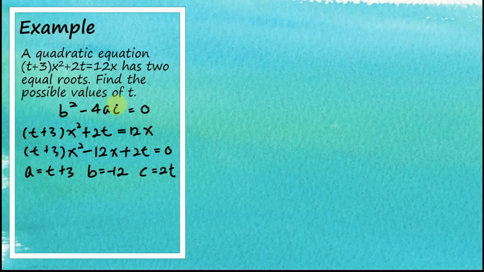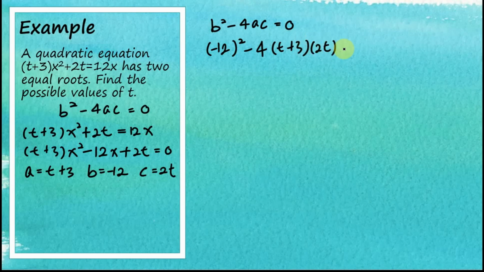So let's rewrite this here. We know that because it has two equal roots, b squared minus 4ac is equal to 0, and b is equal to negative 12, squared, minus 4, a equal to t plus 3, and c equal to 2t, and this is equal to 0.